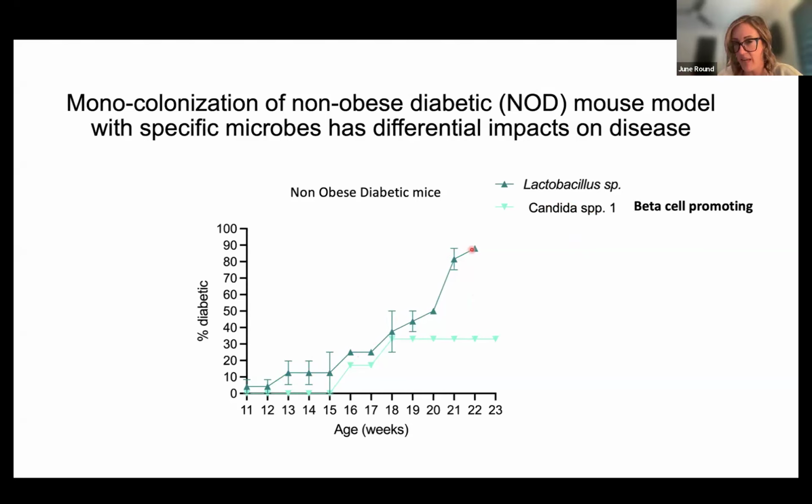In fact, 80% of animals develop diabetes, whereas animals that have this beta cell promoting fungal isolate do not develop diabetes to the same level. So this is perhaps just a preliminary piece of data to suggest that there are organisms present during that neonatal window that can be important for directing beta cell development and prevention of diabetes. So we're continuing to do that work.